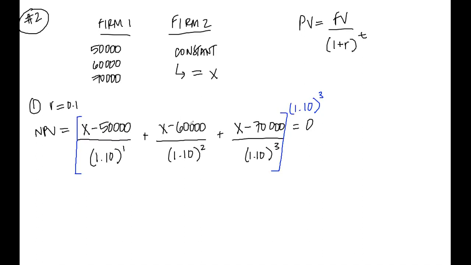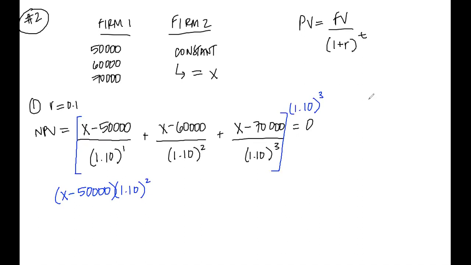So 1.01 cubed multiplied by this first term is going to be, we still have x minus 50,000. And now we have 1.01 squared, because this term that I multiplied it by is in the numerator, and dealing with exponents, dividing by exponents, you just subtract the powers.